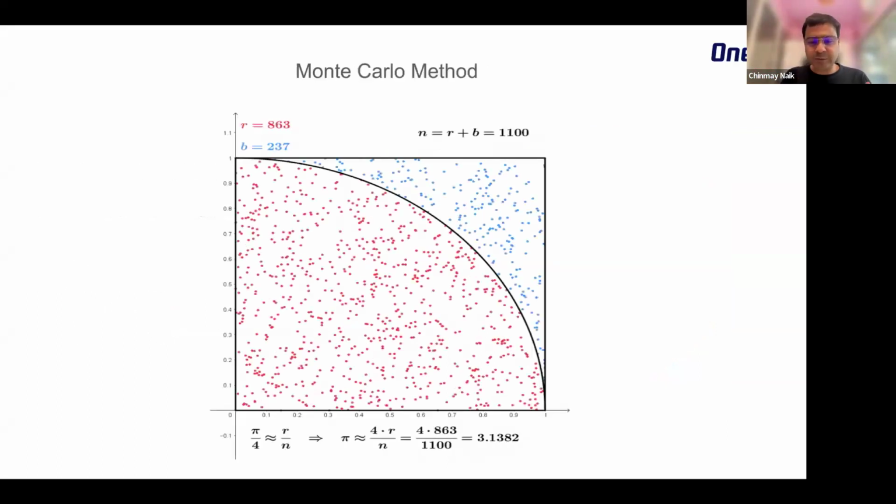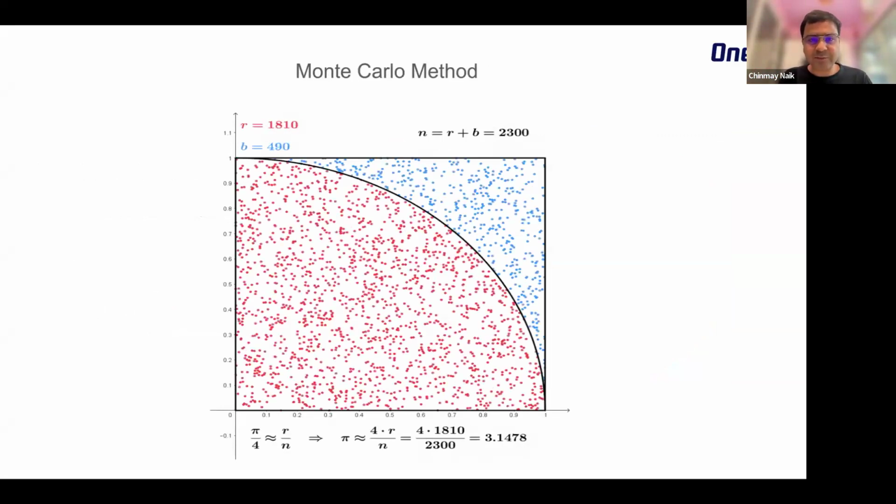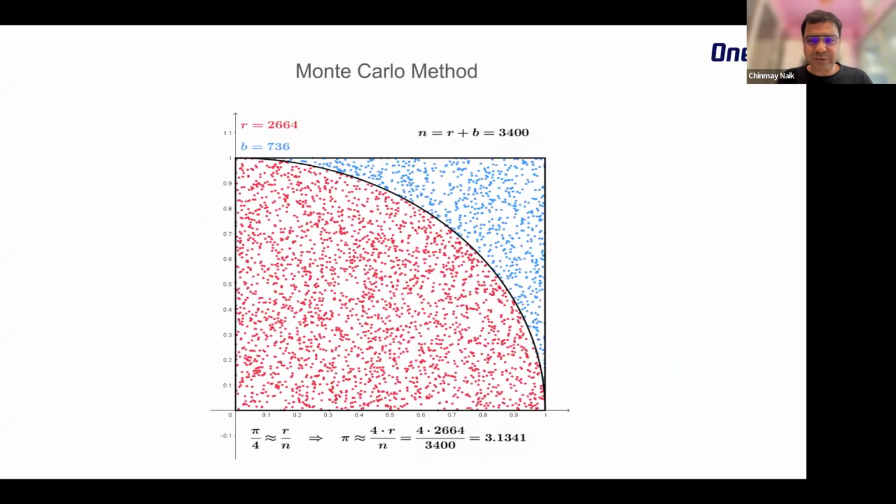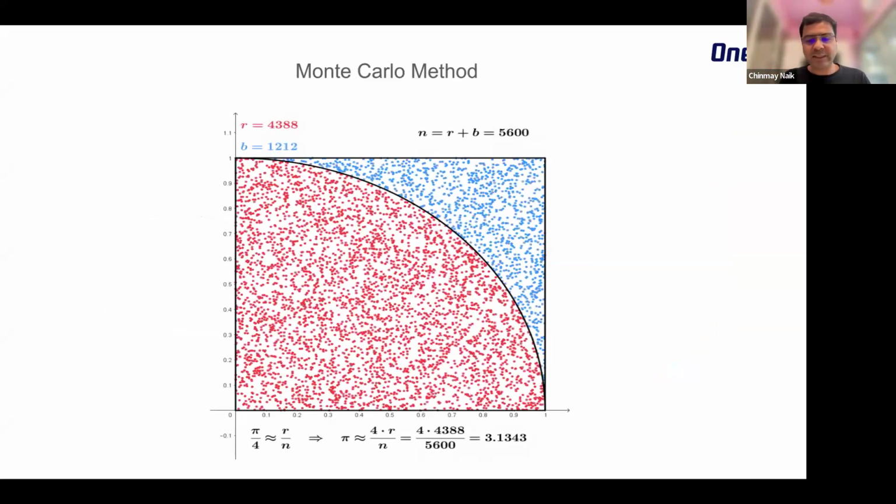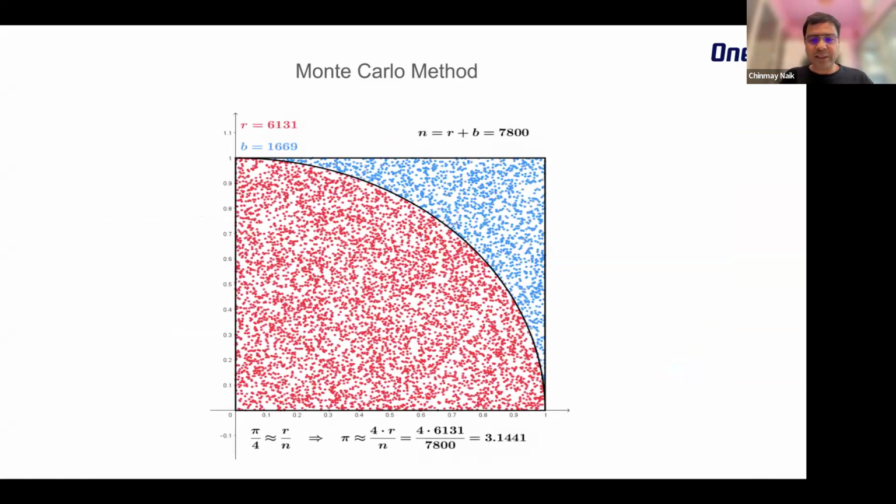You run this simulation, calculate the number of red points and blue points, and then divide the ratio, and you get some number. Each machine can do all of this in parallel.